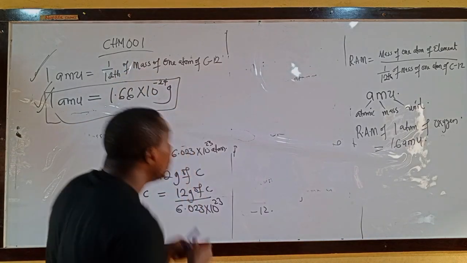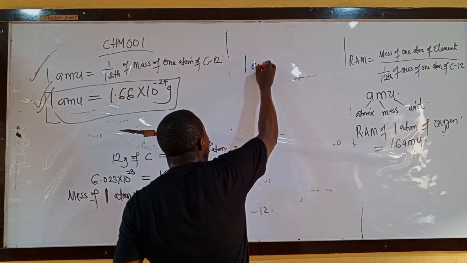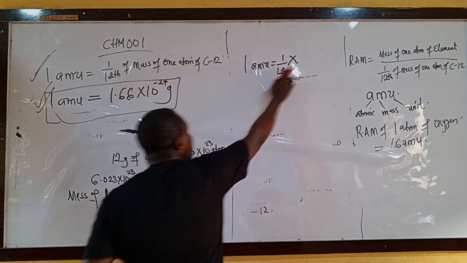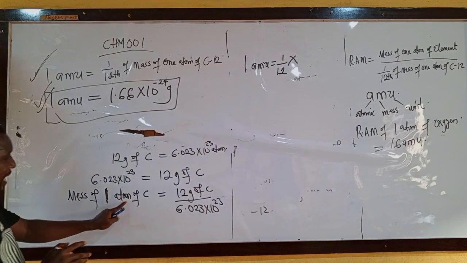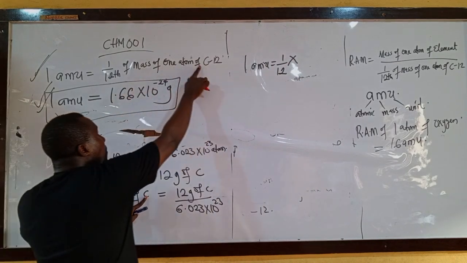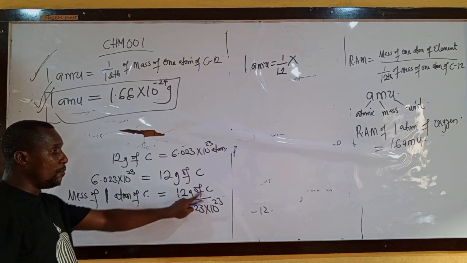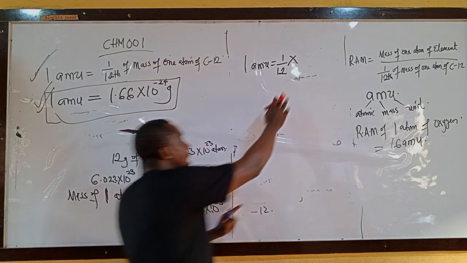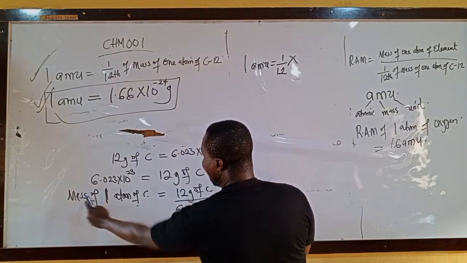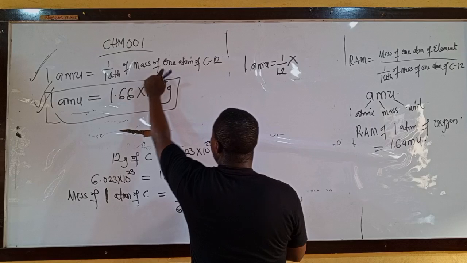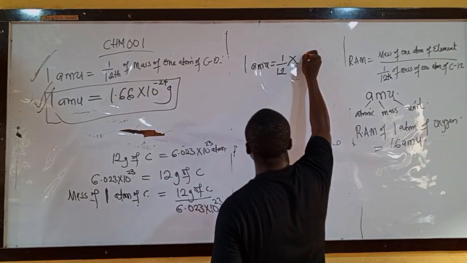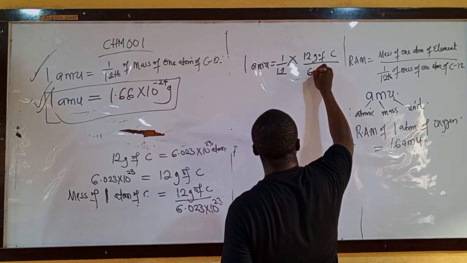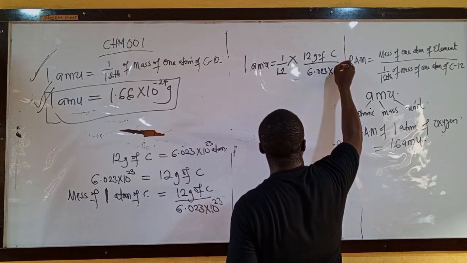That means I will now have 1 amu equal to 1/12 times the mass of one atom of carbon. The mass of one atom of carbon is 12 grams of carbon over 6.023 times 10 raised to the power 23.